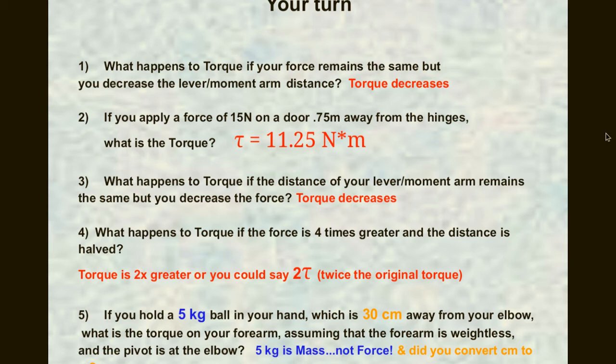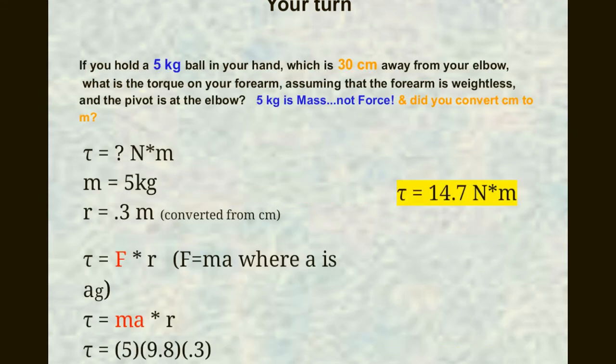So with number 5, we're going to be looking for torque, or tau. Our mass is 5 kg. The lever arm distance should have been converted from 30 centimeters to 0.3 meters. And the equation that we want to use is torque is equal to force times R. Now, obviously we don't have force, but that doesn't mean that we can't solve for it, because force is F equals ma, and the A is your acceleration due to gravity.